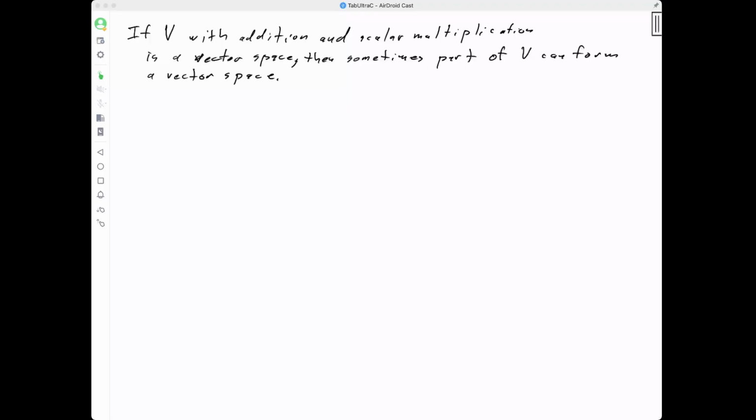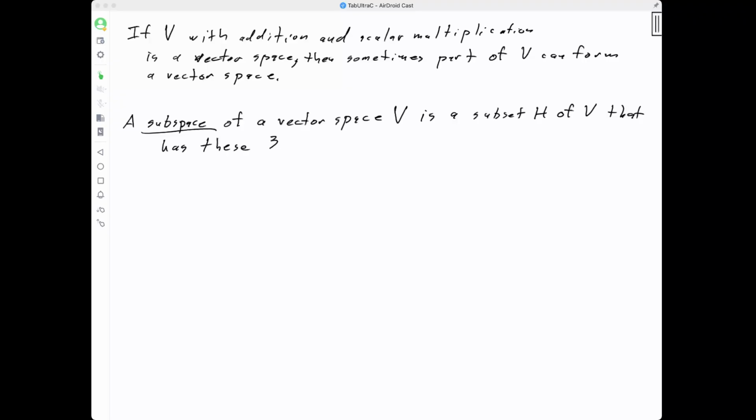This leads to a definition. A subspace of a vector space is a set H, let me be a little more careful, is a subset that we will call H of V. So it has some, but not necessarily all of the vectors in V, that has these three properties.